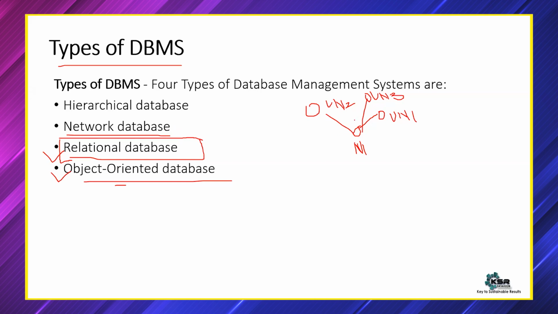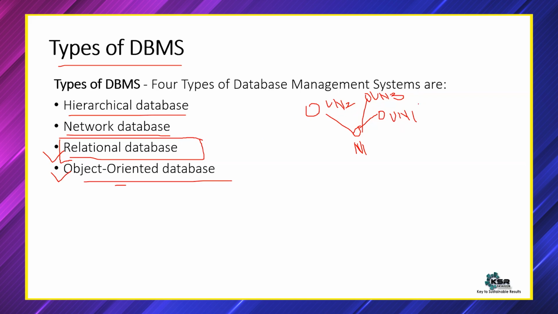Hierarchy also looks like a network, but there are restrictions in hierarchy. Maybe one child can have two parents, mother and father. Similarly, one node or one network can have two parents, but a minimum of 2 and a maximum of n.